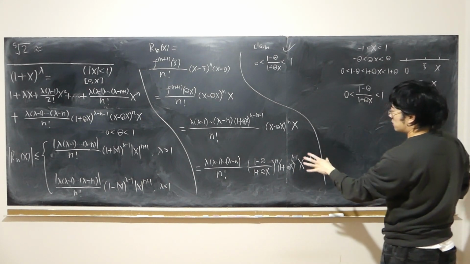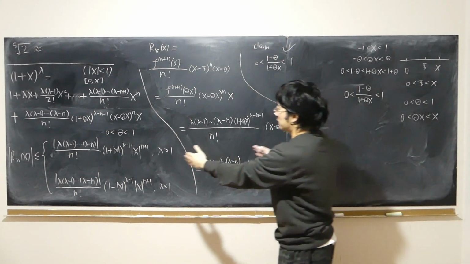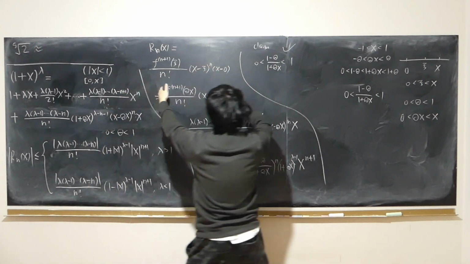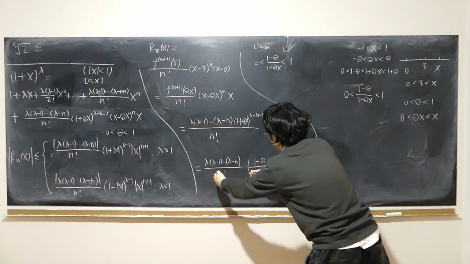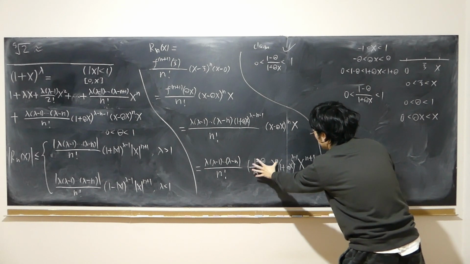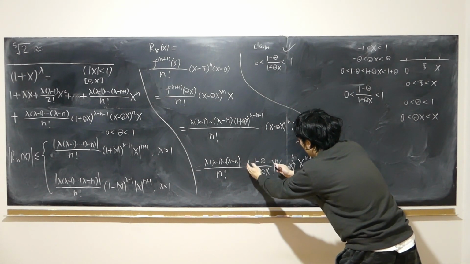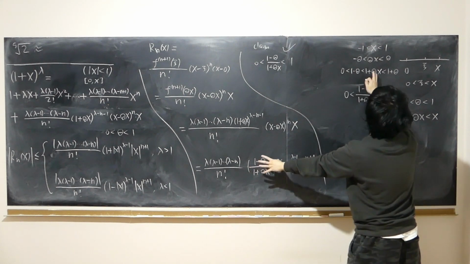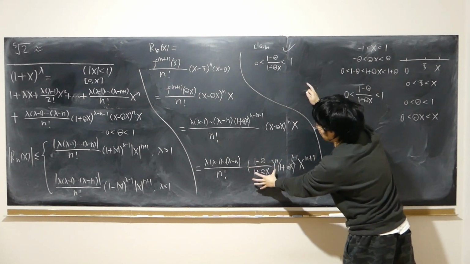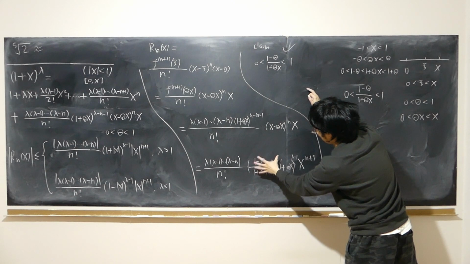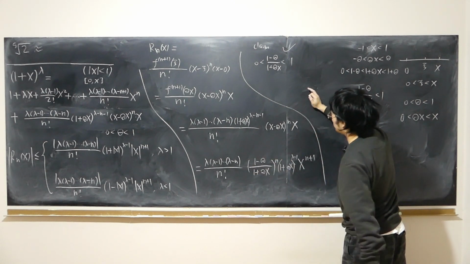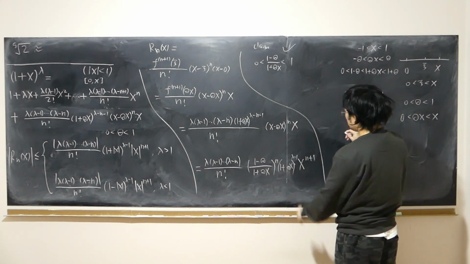So now as I estimate the absolute value, I can just get rid of this part, because this is already positive, so the maximum can only be 1. If I replace it with 1, then it becomes bigger.